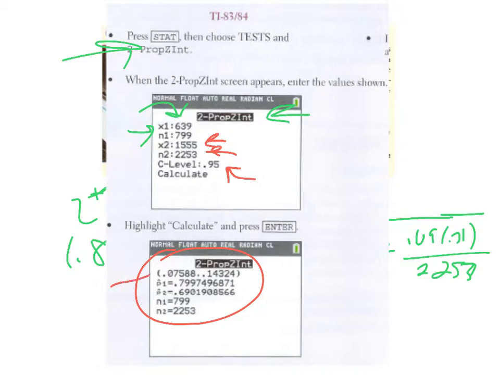And there's my confidence interval right there on the top. You can see my p hat 1 and my p hat 2 match what I was given. And you can do that on your calculator. You just need to be sure that you lay things out. You write down what test you used, that you used the 2-PropZInt when you went to your calculator.